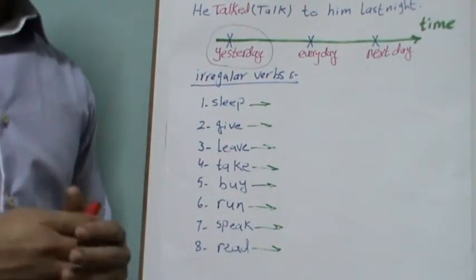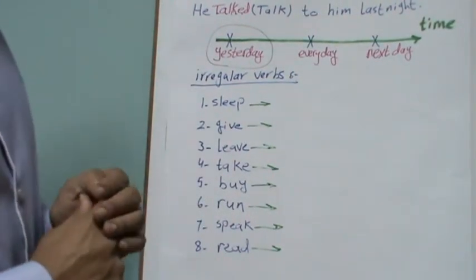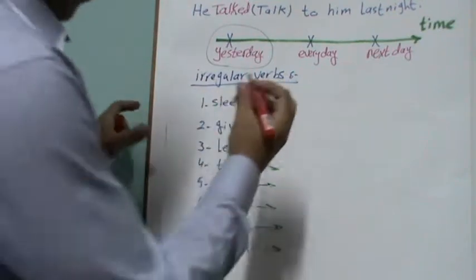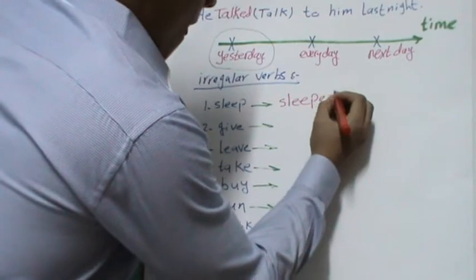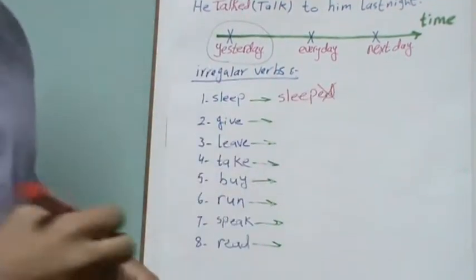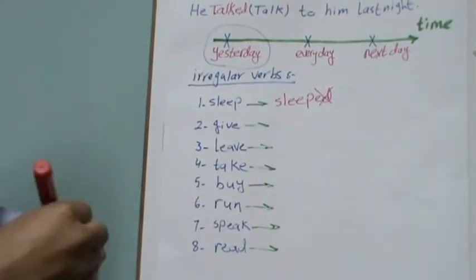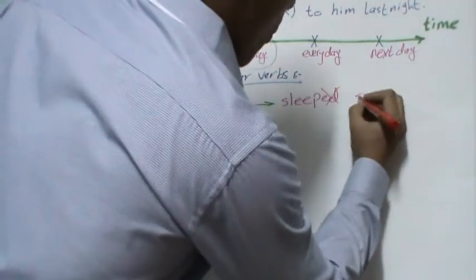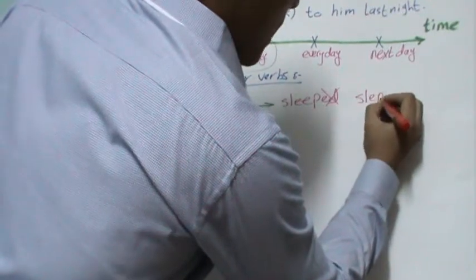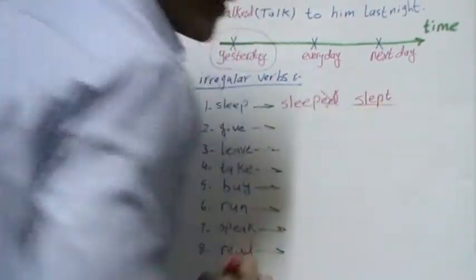So when we use sleep in past simple, it's not sleeped like this. This is wrong. So the verb sleep in past simple is slept. Slept.